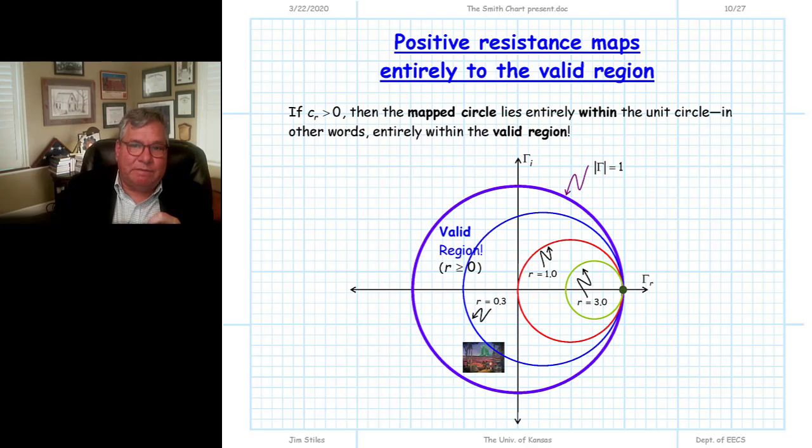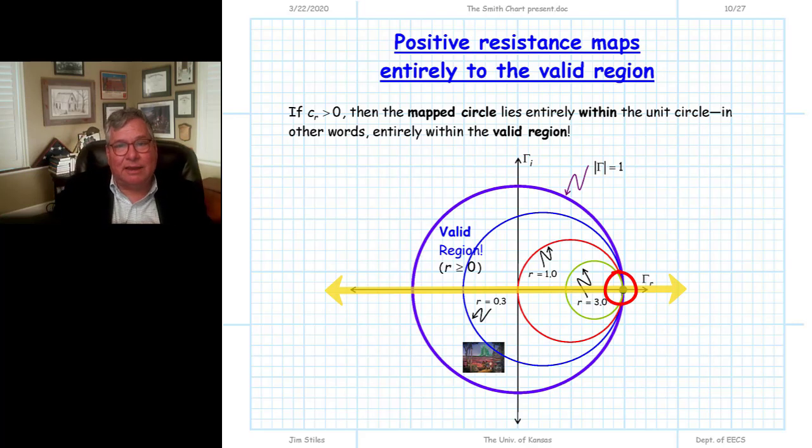Notice every single one of these circles will intersect likewise the horizontal axis, the real axis, at two places. One, of course, is at the open circuit. It is on the horizontal axis, the real axis there. But there's another point where it intersects the horizontal axis, and that would be to the left of the open circuit point. What is the physical significance of these intersections?